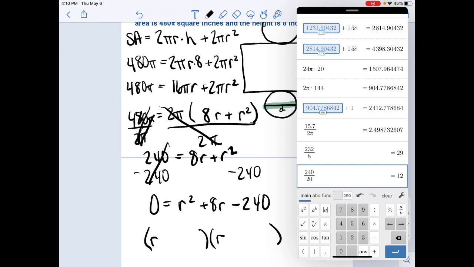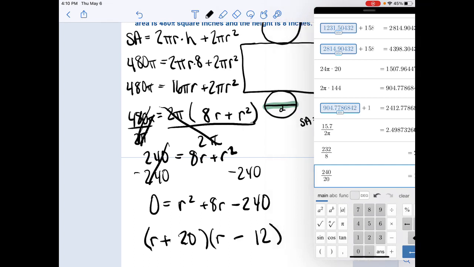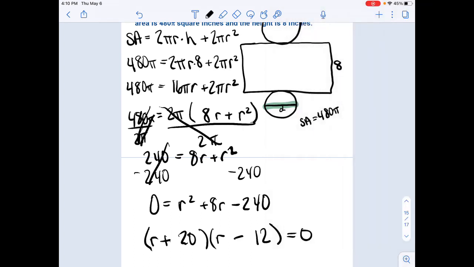Oh, looks like that's good. So it looks like you divide it by 20. One must be positive, one must be negative. So 20 times 12 is equal to 240, and then 20 minus 12 is equal to positive 8.